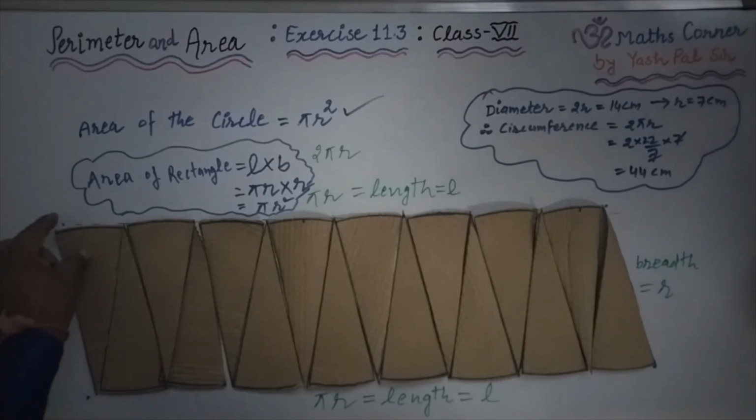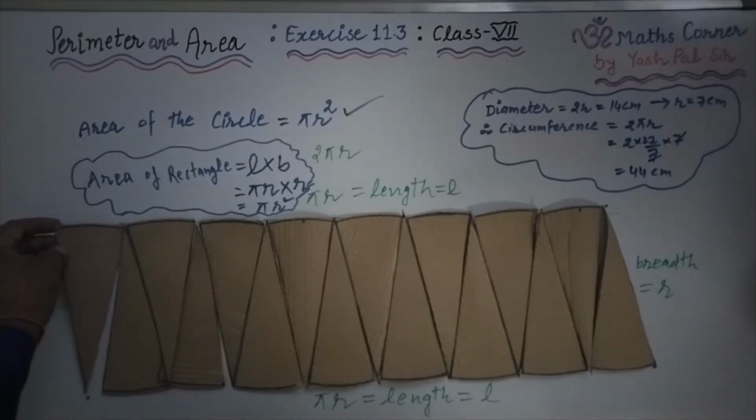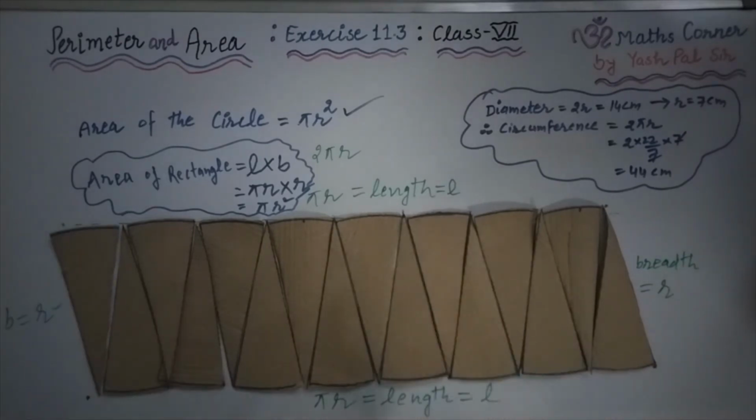One complete circle was divided, in this case, into 16 parts, 16 sectors. So from there we got this formula.